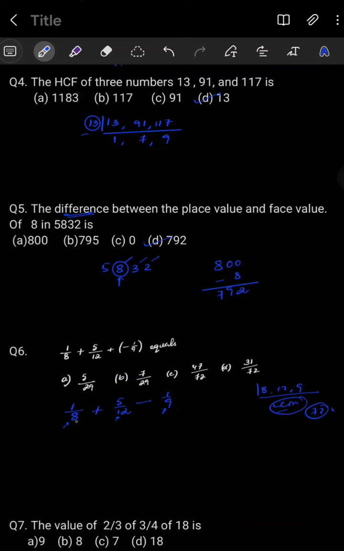Now all the denominators you have to make 72. So 8 into how much? 8 into 9 is 72. But the rule is what? If you multiply the denominator, then you have to multiply the numerator as well. Plus 5 upon how much? It is your 12 into how much? 12 into 6 is 72.